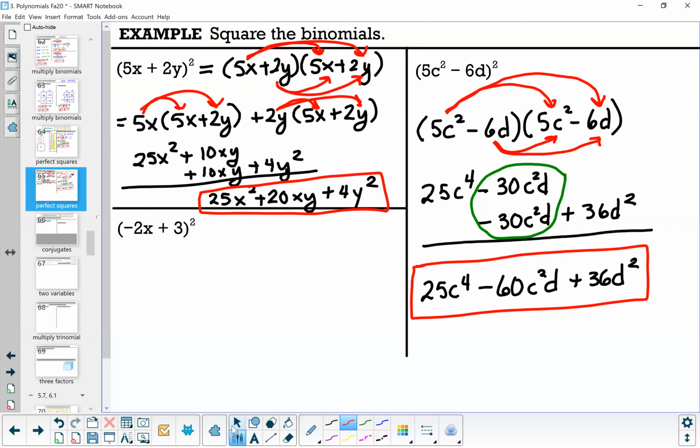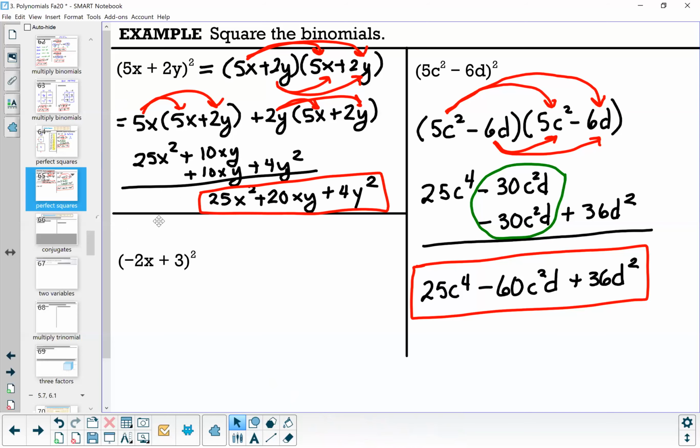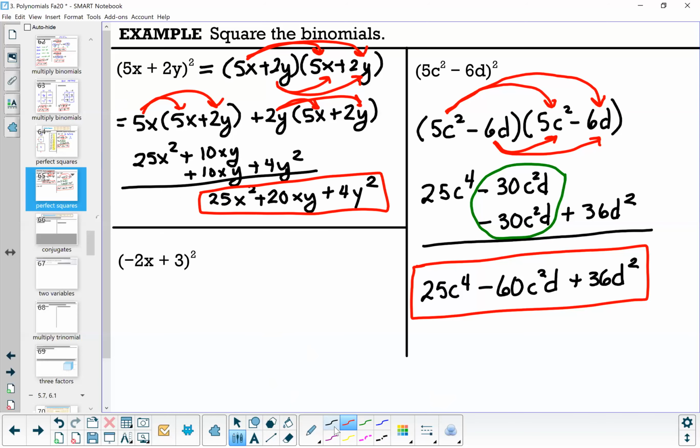All right, let's take a look at this second one here. We have in parentheses negative 2x plus 3 close parentheses squared. So we are going to expand this out. That gives us negative 2x plus 3 times negative 2x plus 3.